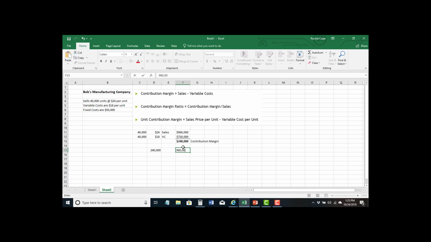So we're going to take the contribution margin of $240,000 and divide it by sales. So we end up at 0.25, and then we can move the decimal place twice and turn it into a percentage. So 25% is our contribution margin ratio.